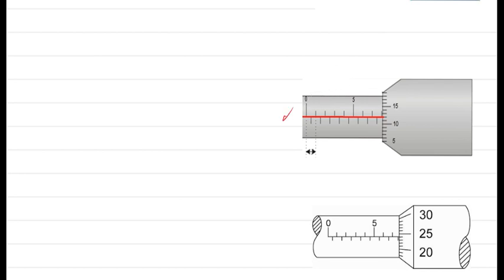All right, now just see very quickly, you can take the value of the main scale. This is 1 2 3 4 5 6 7 and 8, 8 millimeter. So here our objective is not to find the main scale, I just give you the review, because you can find it. So it is 8 millimeter on the main scale reading. Okay, let me write main scale reading, it is 8 millimeter.